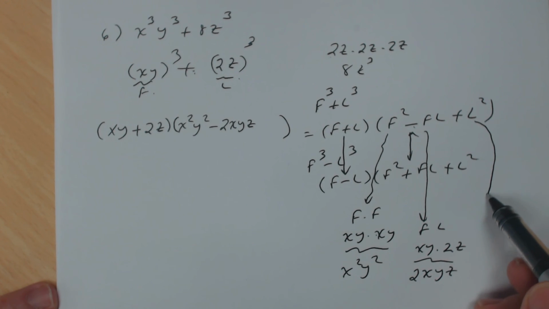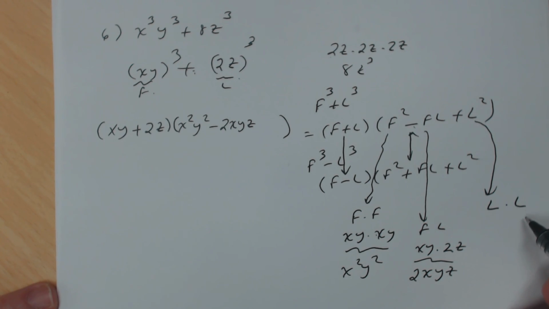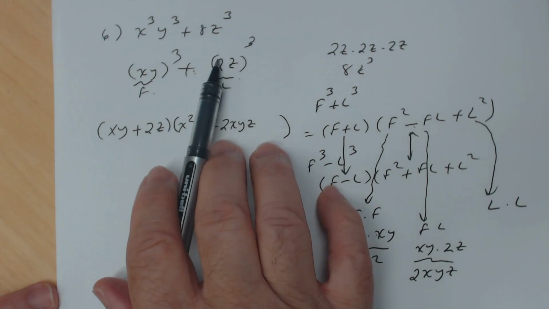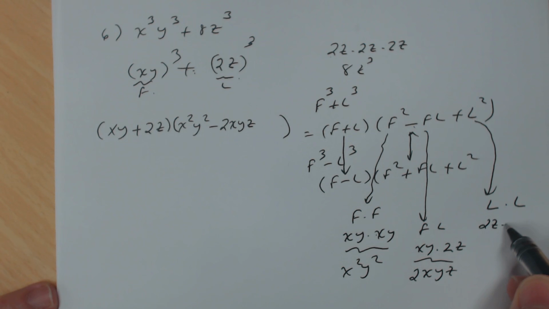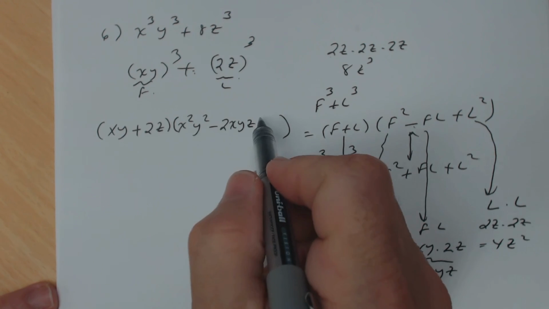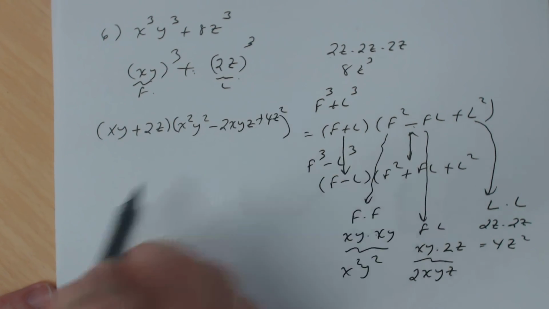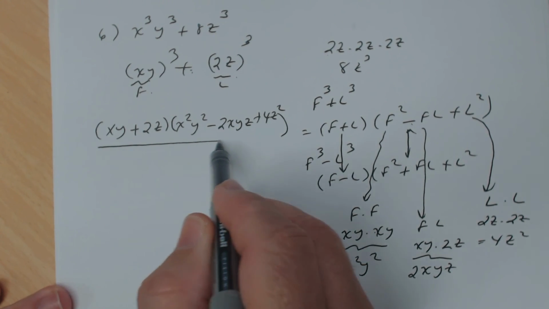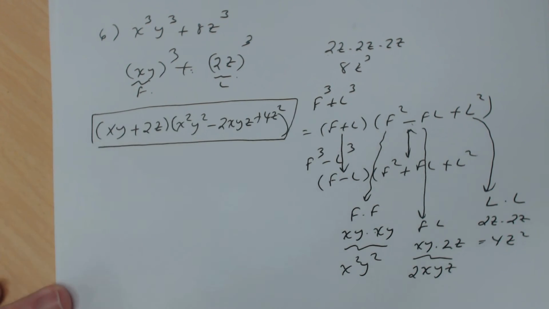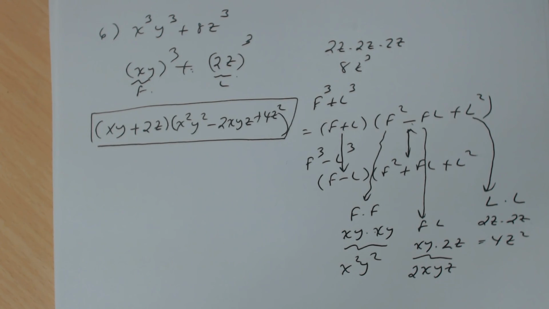And then L squared means L times L. Well, L is 2z, so that means 2z times 2z, so 2 times 2 is 4, z times z is z squared. So that goes here, plus 4z squared. And then that would be your answer. Okay, so that's going to conclude this portion.